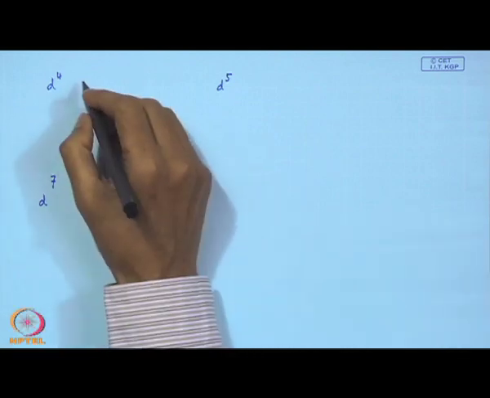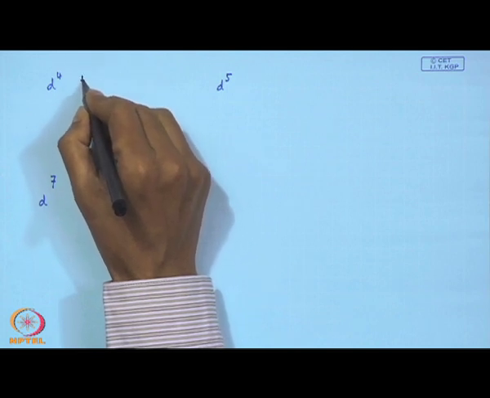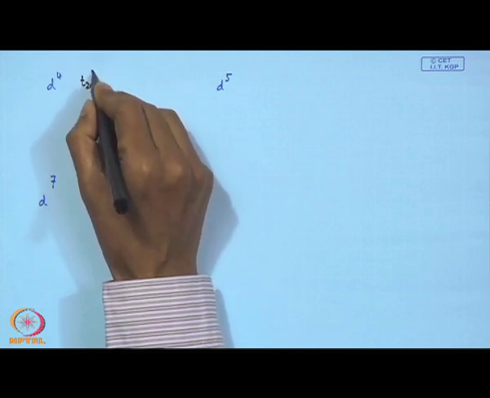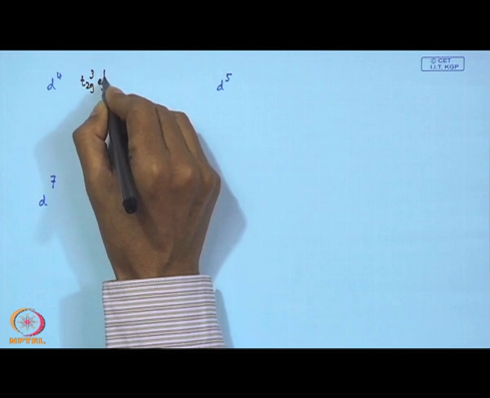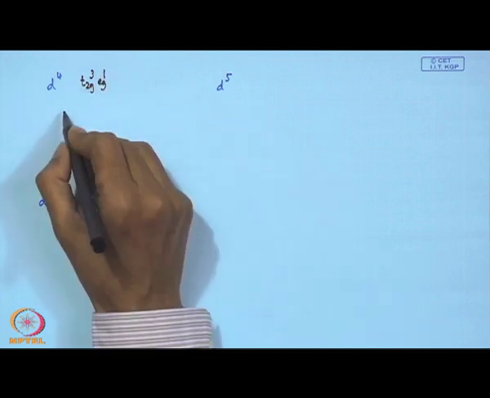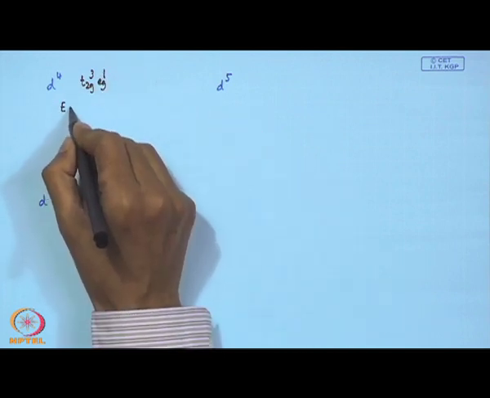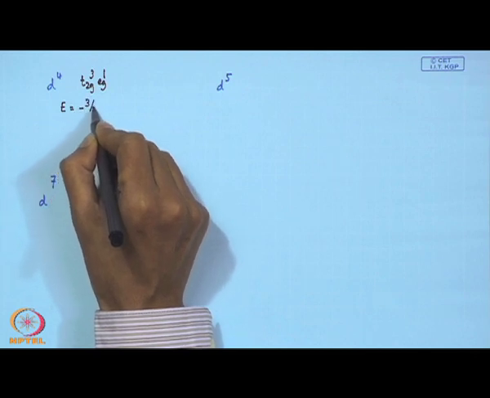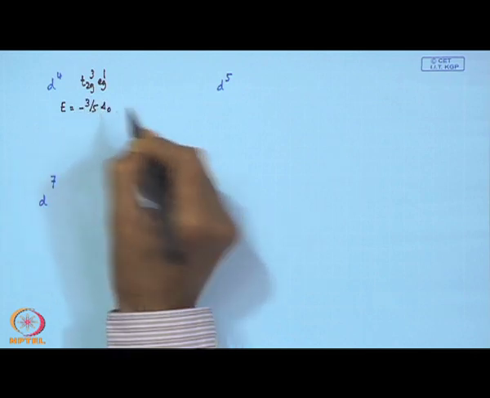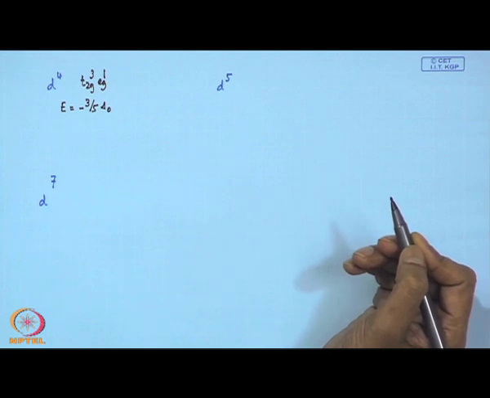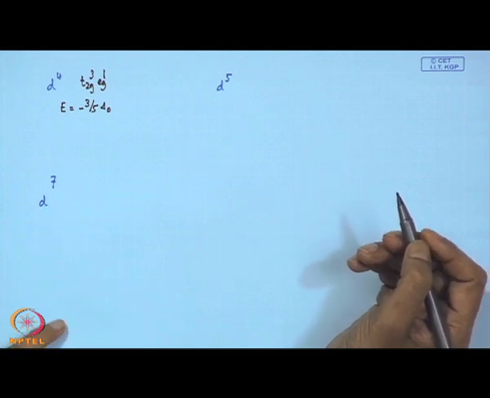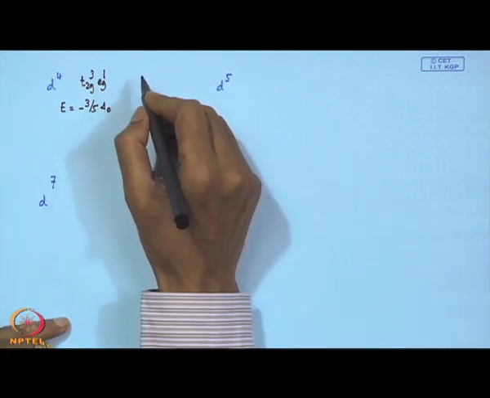For D4 we have the configurations T2G3 EG1, where E is equal to minus 3/5 delta O, and we do not have any pairing, so the P term is not there.